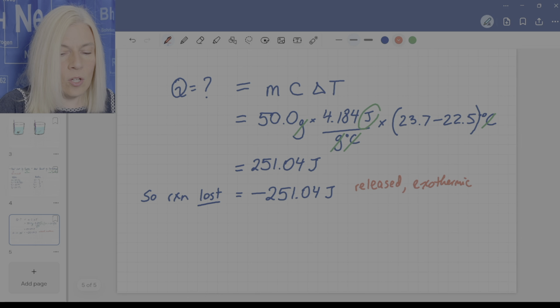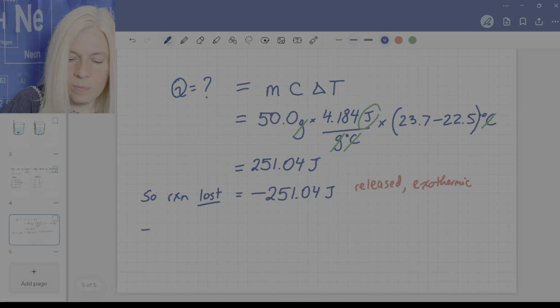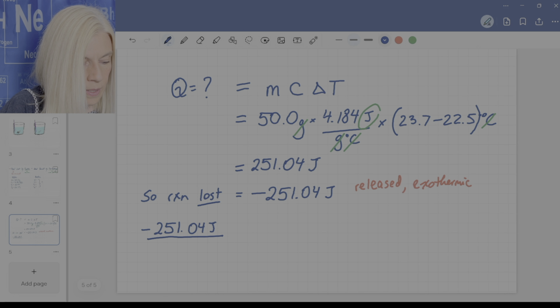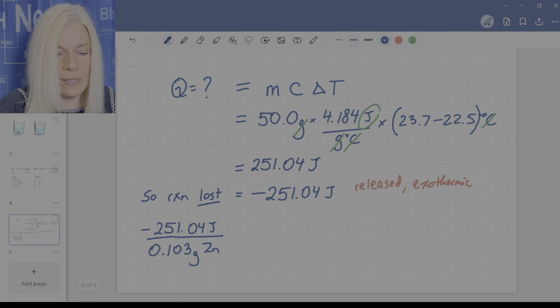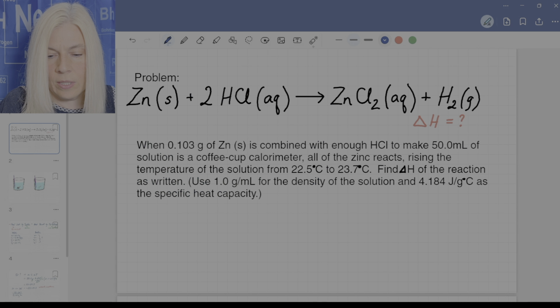Okay, but we are not done yet. This is how much heat was released: minus 251.04 joules is released when 0.103 grams of zinc react, yes? But look at our reaction.